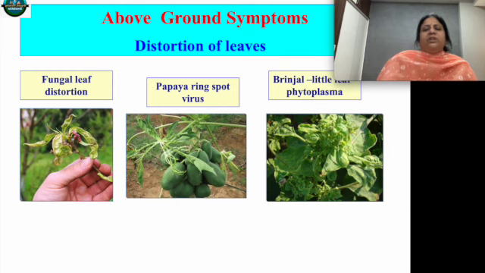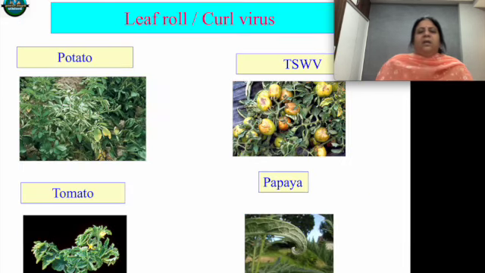So distortion of the leaves, if you see, the distortion could be because of the fungal or virus or little leaf. Leaf rolls, rolling of leaves or curling of the leaves, maybe because of the viruses or sap sucking insects.